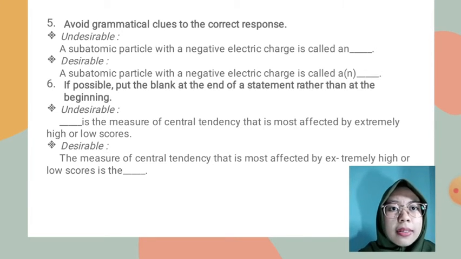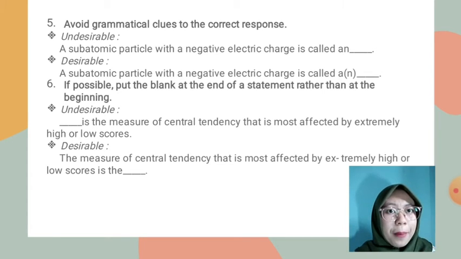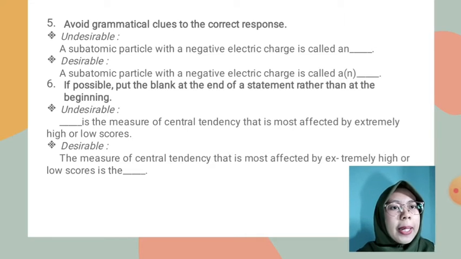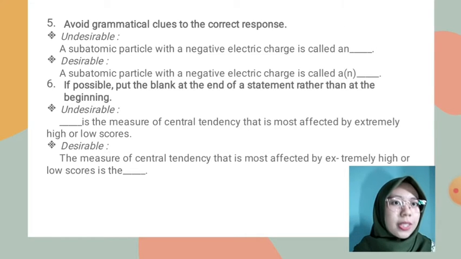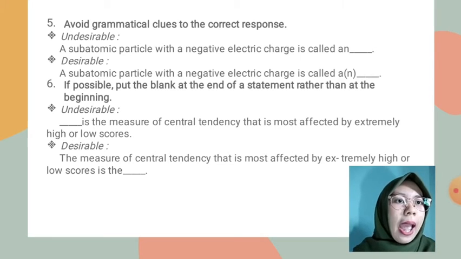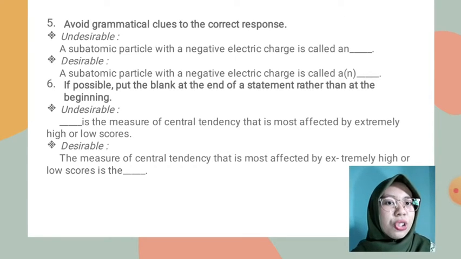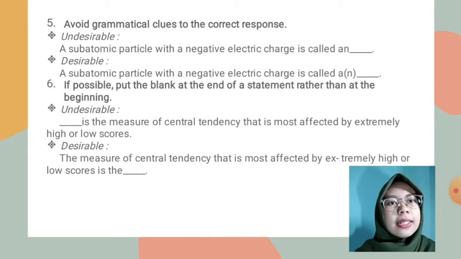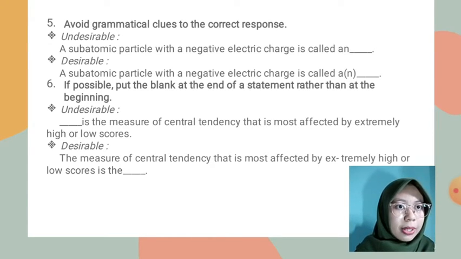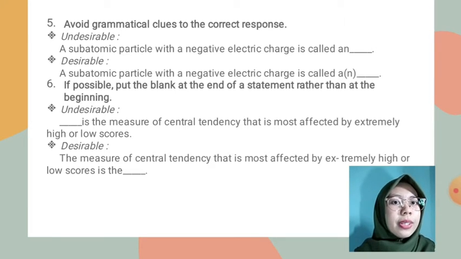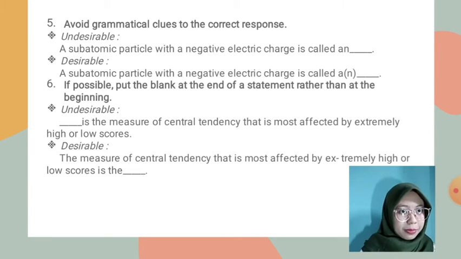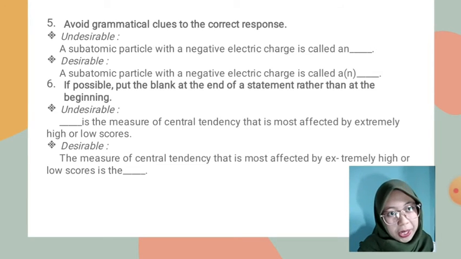So the undesirable is: blah blah blah is the measure of central tendency that is most affected by extremely high or low scores. So the desirable is: the measure of central tendency that is most affected by extremely high or low scores is the blah blah. So now we are going to the next slide.